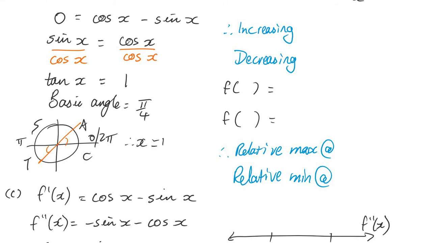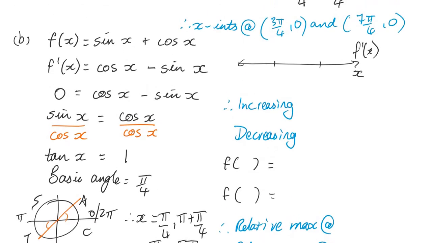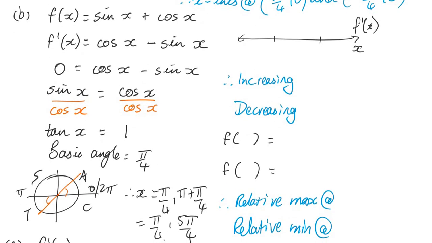So pi on 4 is a solution, as is pi plus pi on 4. So pi on 4 and 5 pi on 4. So with that, we can now do a sign diagram. We know that at these values, the derivative is 0.